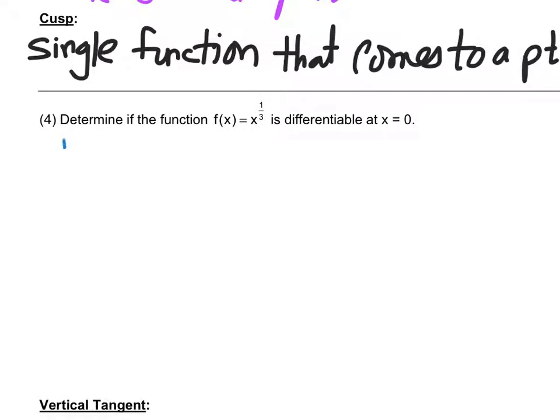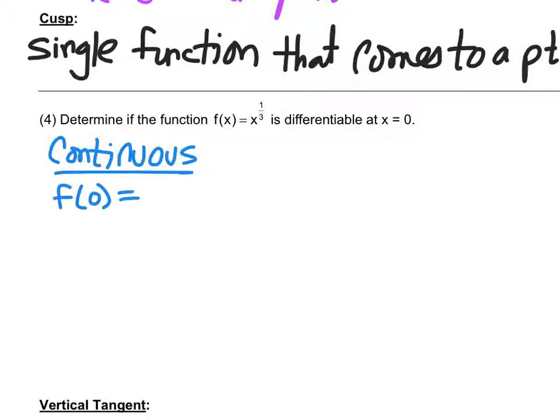It's a continuous function because if I find f of 0, I'm going to get a point that exists. And if I find the limit as x approaches 0, I'm going to get a limit that exists. You can also look at the graph.